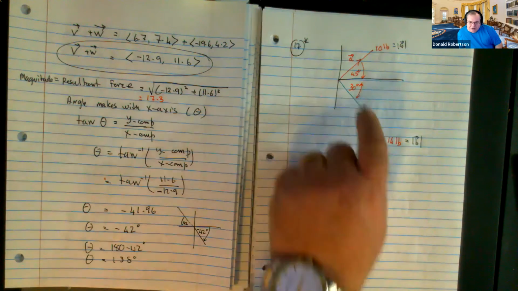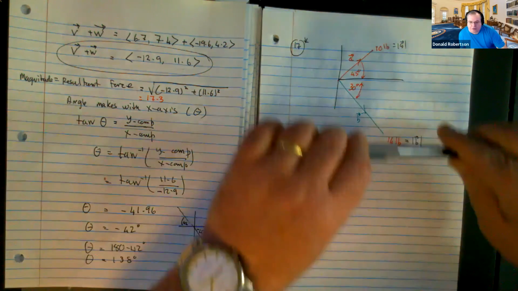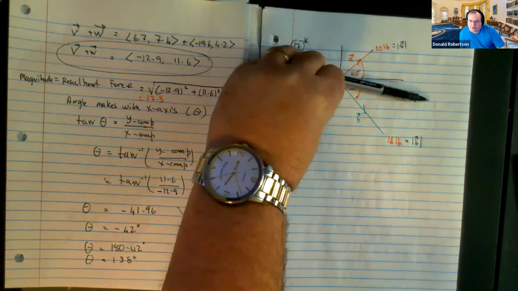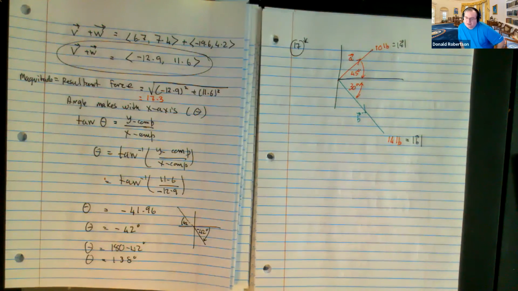Now I'm looking at this and, if you were a gambling person, do you think the resultant force is going to be a little below the x-axis, or a little bit above the x-axis? What's your gut feeling? I'm guessing as well, so don't worry about it.